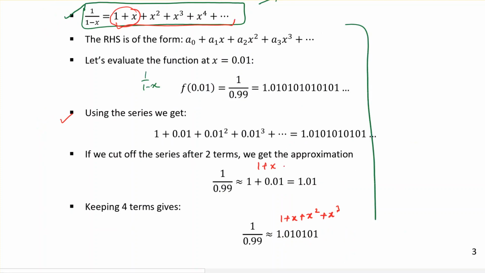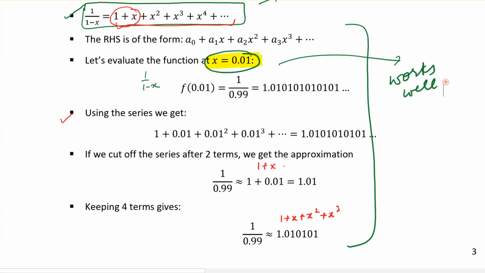So if you evaluate the function at x = 0.01, it works well. This series gives us a good approximation, so no problem from 0 to 0.01.